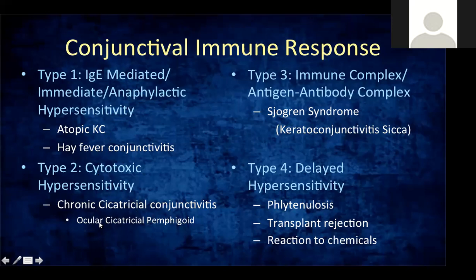An example would be ocular cicatricial pemphigoid, or OCP. Type 3 is your immune complex, antigen-antibody complex, which you can see in severe forms of dry eye, particularly Sjogren's syndrome. Type 4 is your delayed hypersensitivity. Examples would be phlyctenulosis, transplant rejection, corneal transplant rejection, and reaction to chemicals. Tuberculosis is also under this. So this is just a summary slide. You can read up on this in other books also.